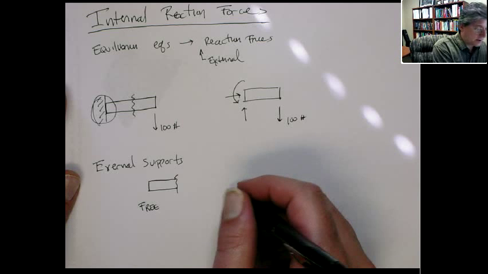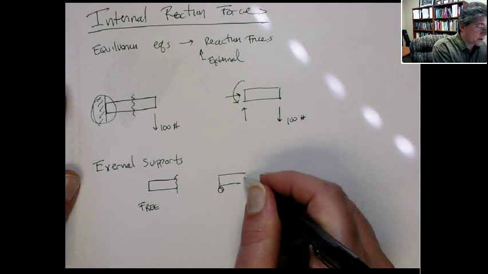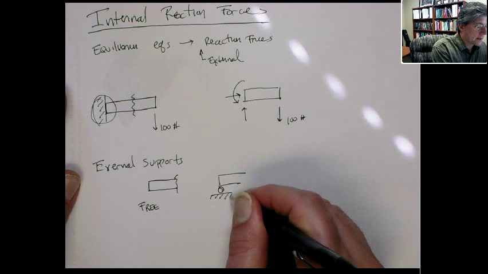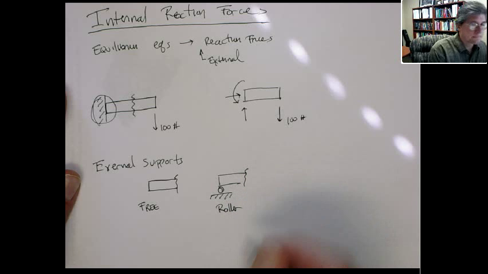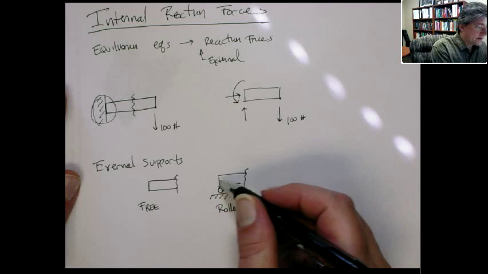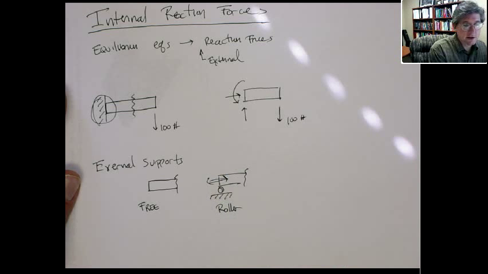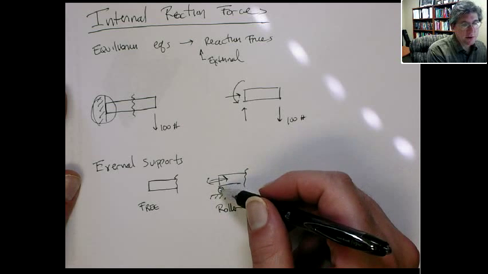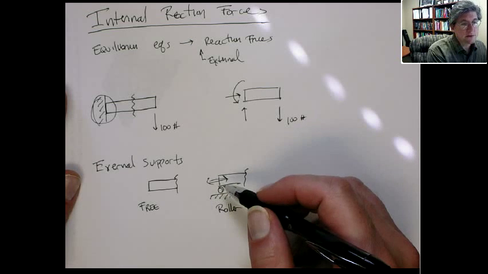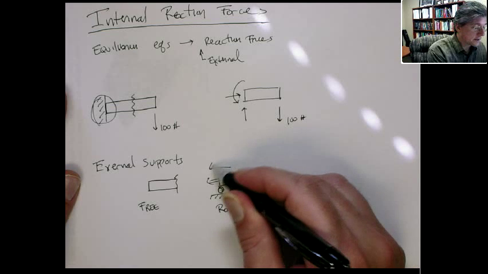The next simplest one is an end or something supported by a roller. In this situation, the body is free to move in the x direction, if you will, but it cannot move in the y direction. Even though the way we draw this cartoon, it looks like it can pull off, you assume it can't pull off. It's fixed completely in the y direction.